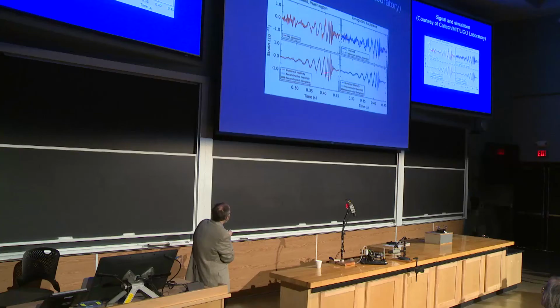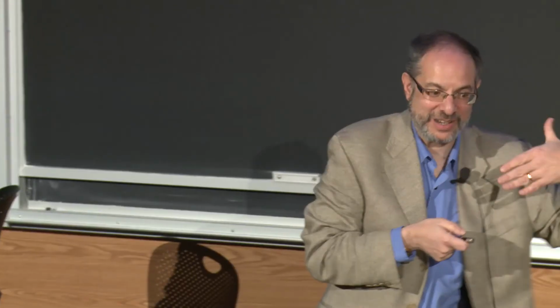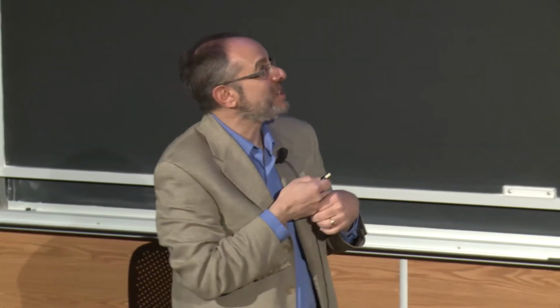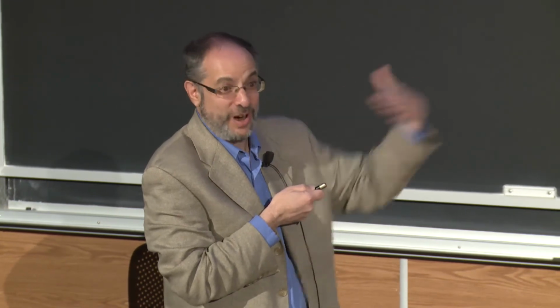Similarly, in the simulations, as I'll explain in a little bit more detail later, the simulations don't calculate the signal directly. They calculate another quantity and then infer the signal. And it's tricky to do that accurately and get the offset right.